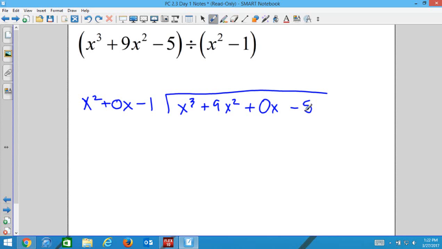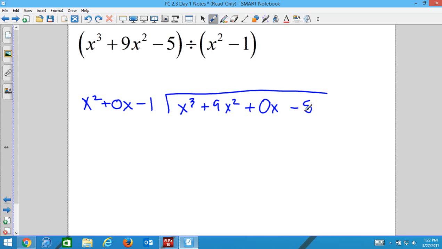So if you didn't put the placeholder there, that doesn't mean you're going to get it wrong, but it makes it a lot more confusing. Why do we do it? Now, when you go to do synthetic division, if you don't put the placeholder in, you will get it wrong. So it's just a good habit to have.